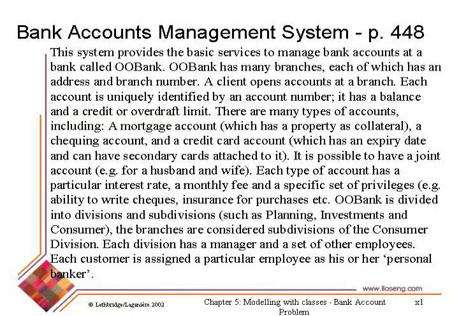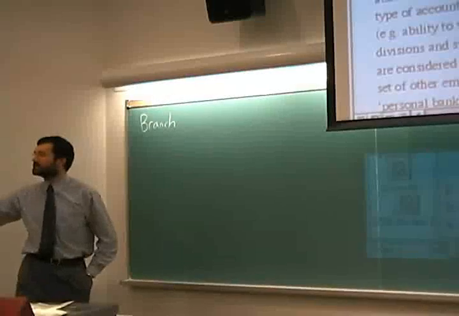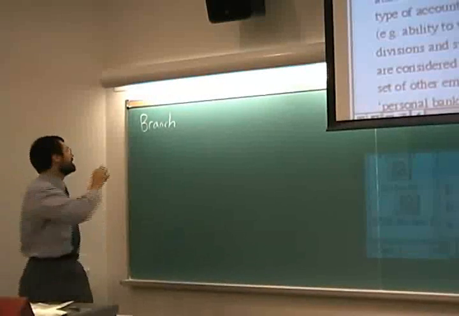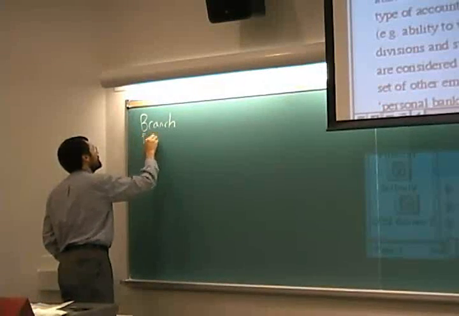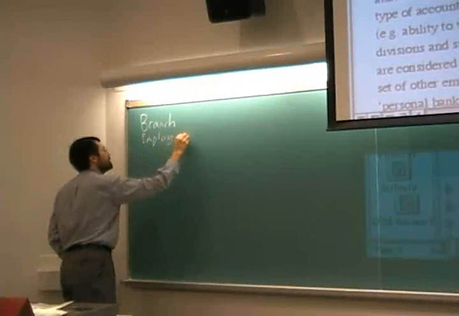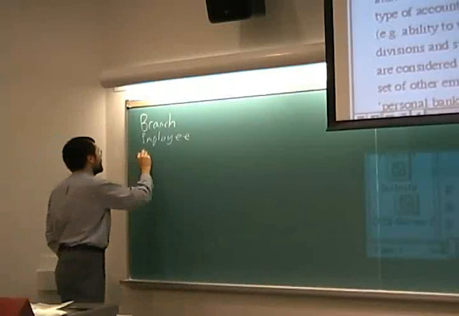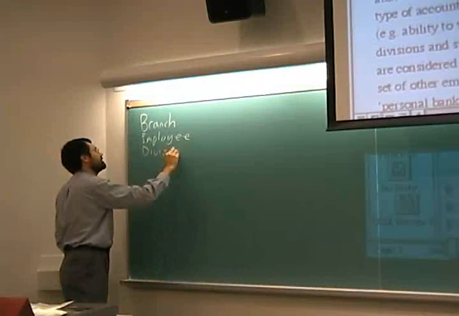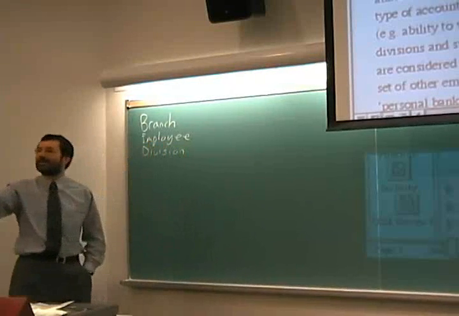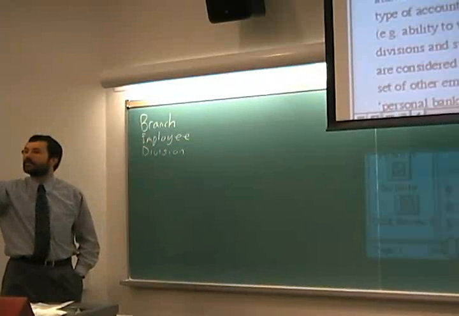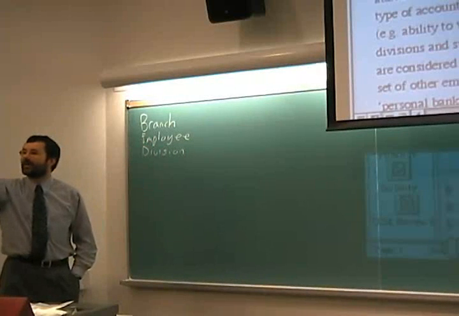Okay, yeah. Branch. Okay. I'm just going to put down whatever you say. Somebody else's hand up in the back. Employee. Okay. Somebody else. Yep. Division. Okay. Interesting. We're starting from the bottom here. Anything else? Yes? The two together there, in the far back? Oh, account.